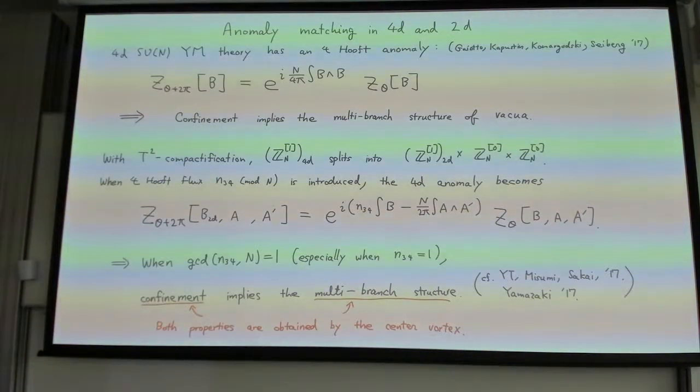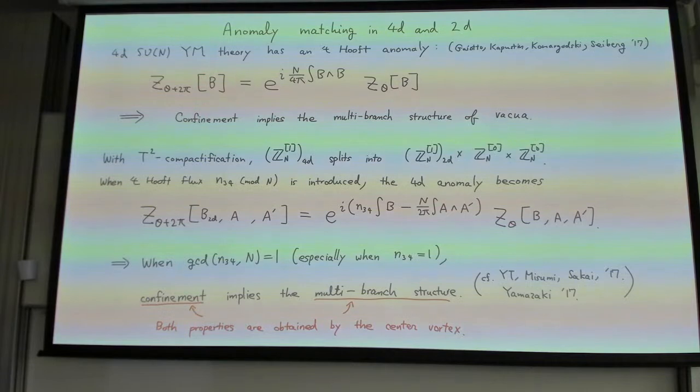Okay, so the success of this nice reproduction of the 4D dynamics has an interpretation from the anomaly matching in both 4D and 2D. In the case of 4D Yang-Mills theory, by the paper of Gaiotto, Kapustin, Komargodski, Seiberg, there is a 't Hooft anomaly of the Yang-Mills theory between center symmetry and 2-pi periodicity of theta, as Mendel explained in the previous talk.